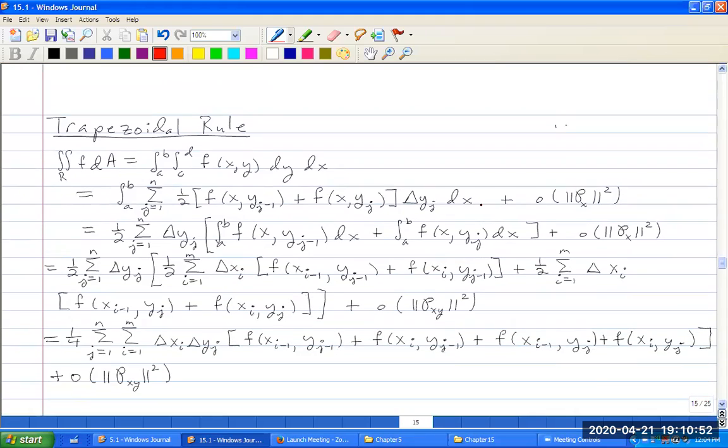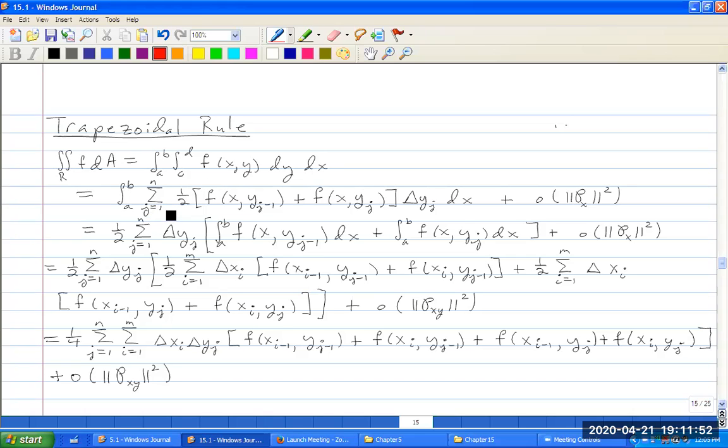The trapezoidal rule. So the trapezoidal rule says that the double integral over R of f is, well, as long as Fubini's theorem holds, I'm just assuming, in order for us to do this approximation, I'm assuming Fubini's theorem holds, the integral of f of xy with respect to y, integrating that with respect to x from a to b is just, well, I guess I'm going to derive it, the integral from a to b with respect to x of, well, you use the trapezoidal rule.